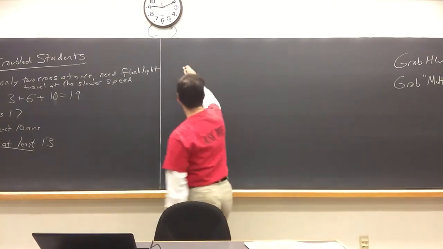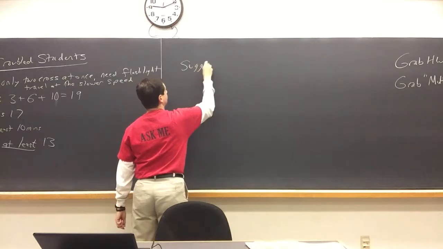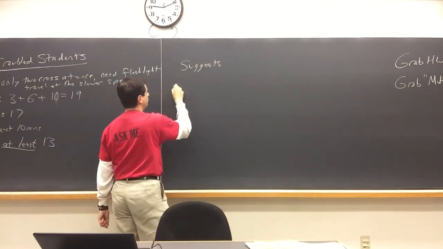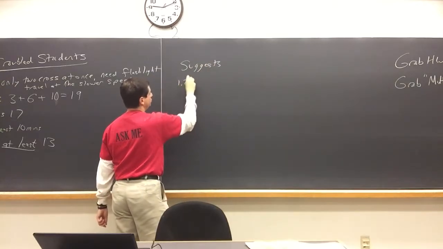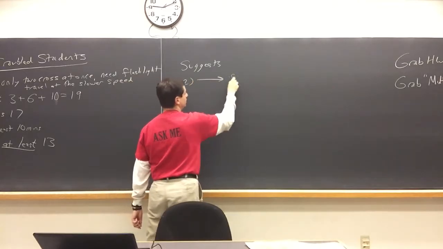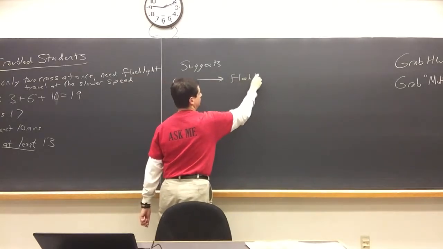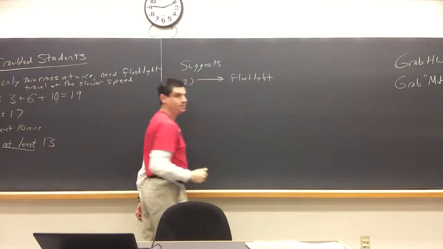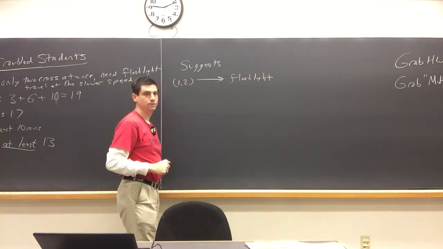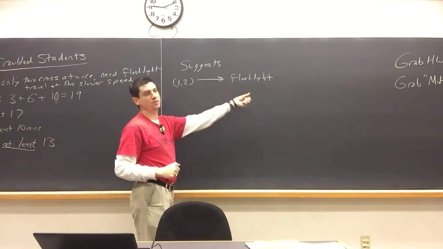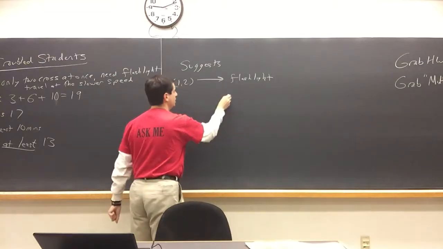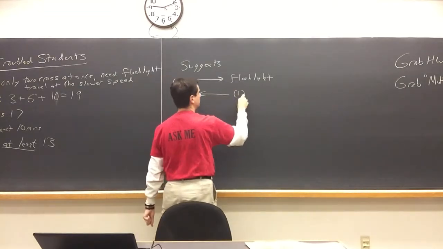So this suggests the following. We start off with 1 and 2 traveling over with the flashlight. Then it doesn't matter who comes back, 1 or 2, because one of them comes back now, the other one comes back the next time. So then we'll send 1 back.